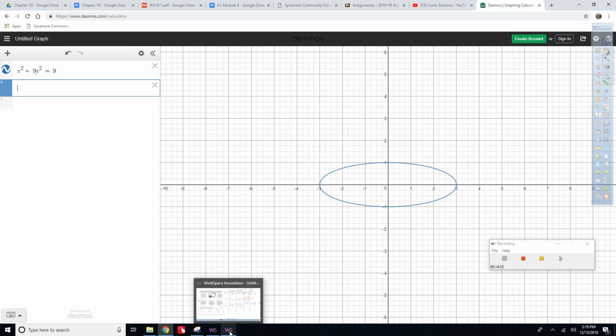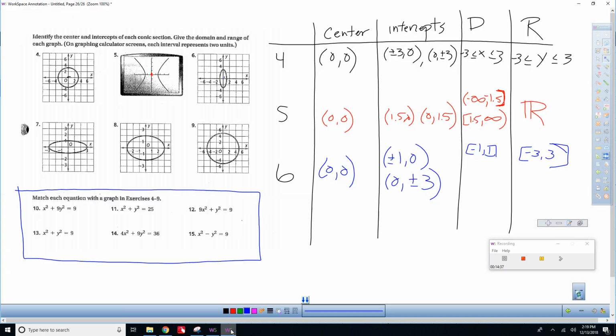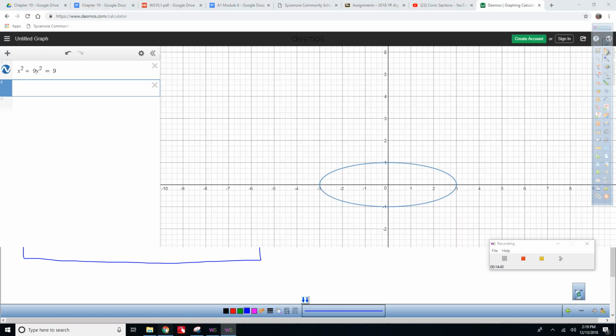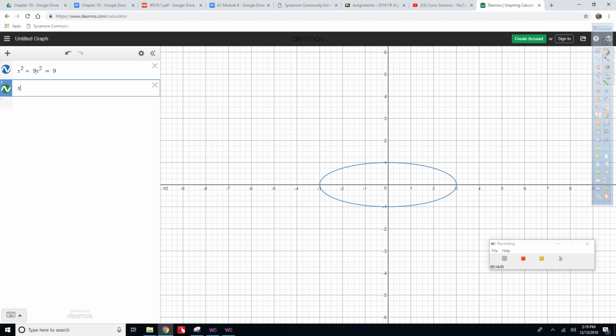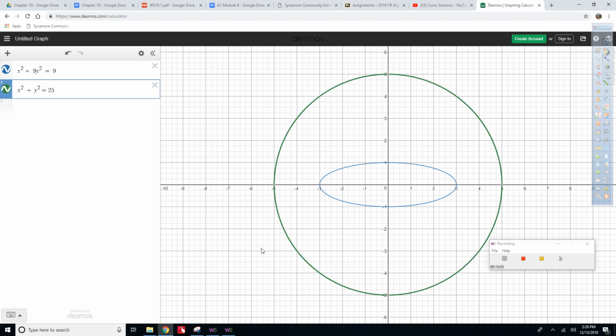Let's do the next one. X squared plus y squared equals 25. That's that one. Okay.